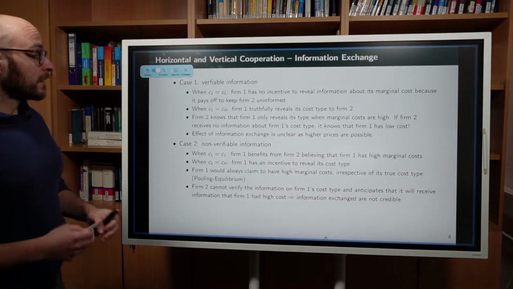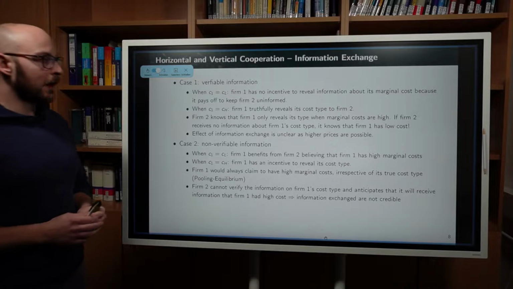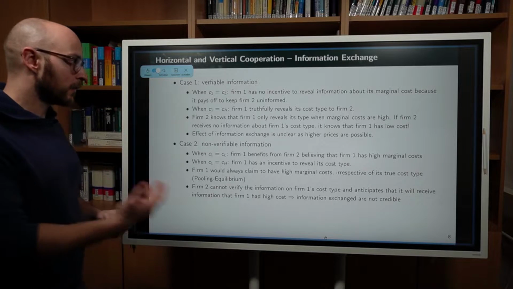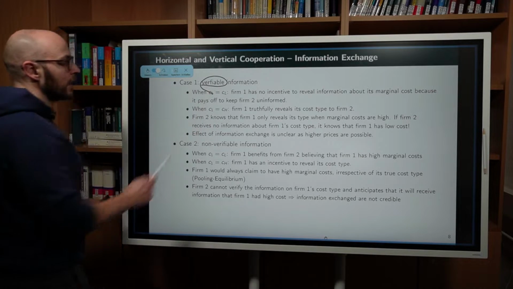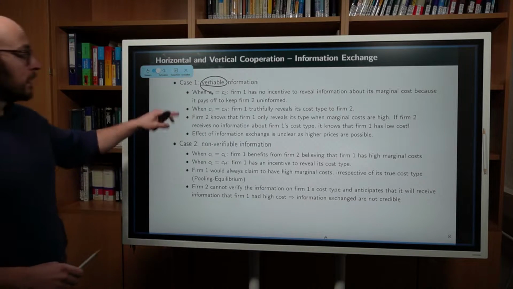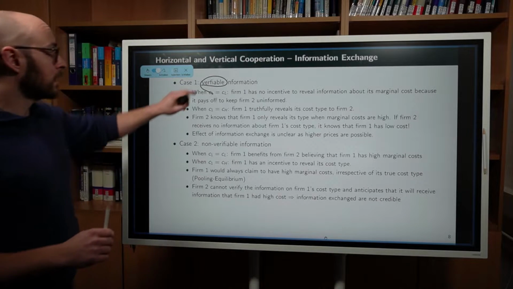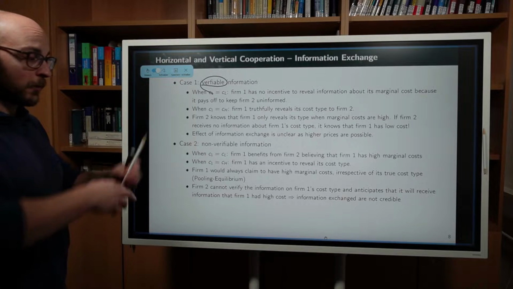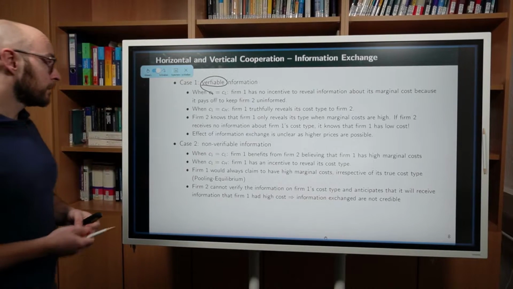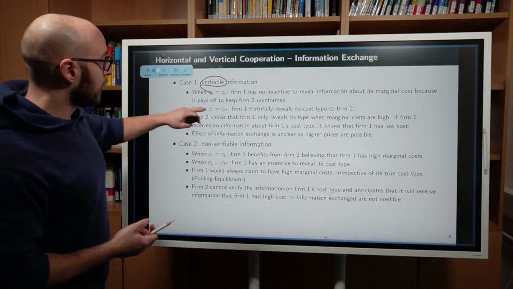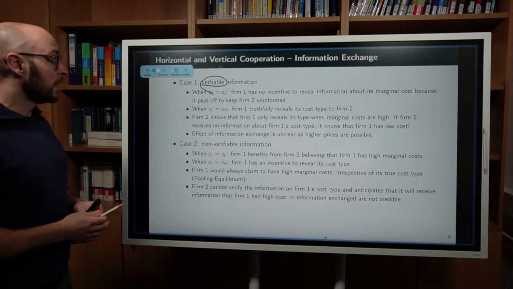When firm 1 has high marginal cost, firm 1 has an incentive to reveal its type, to tell firm 2, well, look, I have high cost. And the point here is that the information is verifiable. So if firm 2 is told, look, I have high cost, then it can verify this information, for instance, through a trade association or a mediator, and it would know that the information that firm 1 has transmitted is actually true.